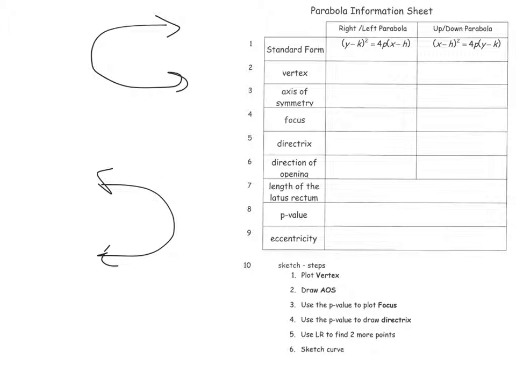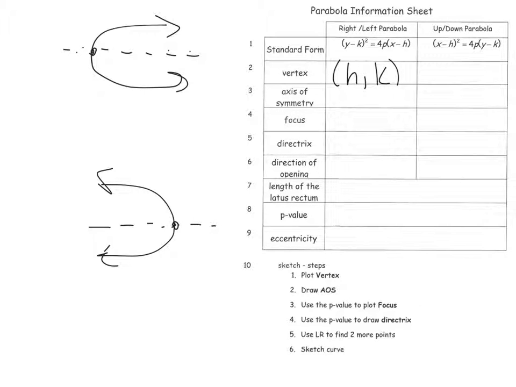The vertex is (h, k), just like a circle. So this vertex happens at h comma k. And then there's this thing called the axis of symmetry, and that is what splits the parabola right down the middle. It would fold the parabola onto itself.